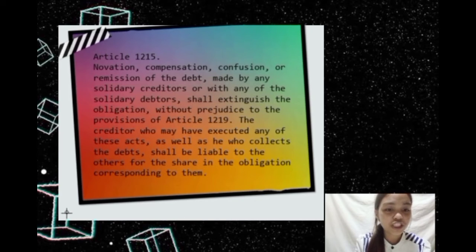Confusion or merger takes place when the characters of creditor and debtor are merged in the same person. It refers to the merger of the qualities of the creditor and debtor in one and the same person with respect to one and the same obligation.